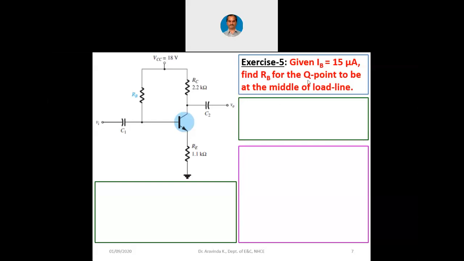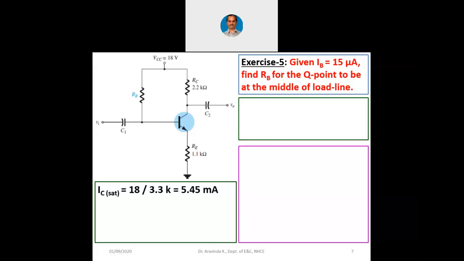And he is asking to find out RB given IB is 15 microamperes. Now let us see how to solve this. We already know the Q point, right? So IC sat is 18 volts divided by 3.3K. 2.2K plus 1.1K is 3.3K. So IC sat is 5.45 milliampere.